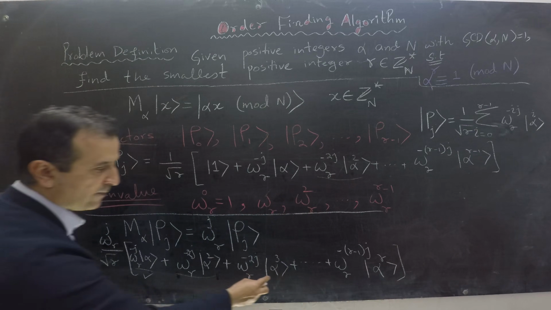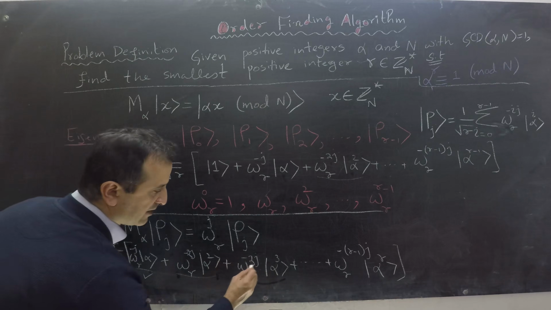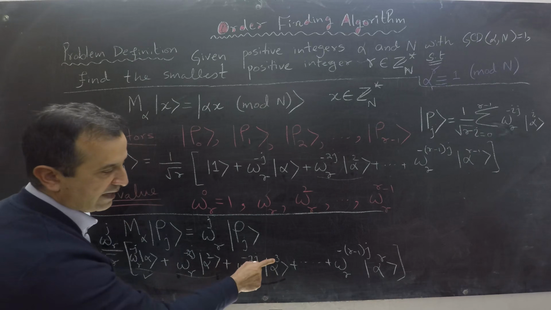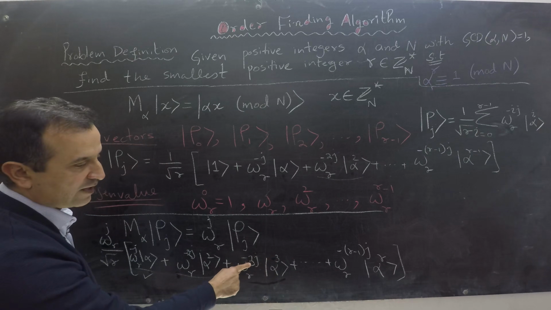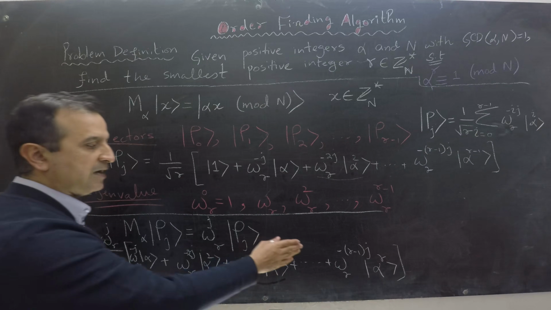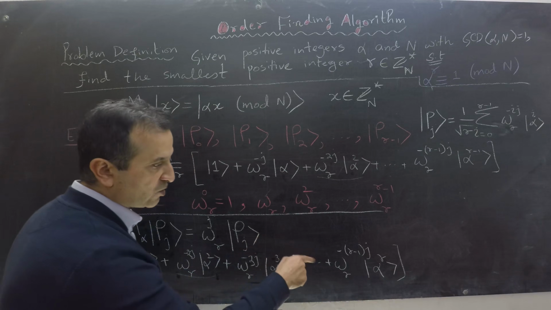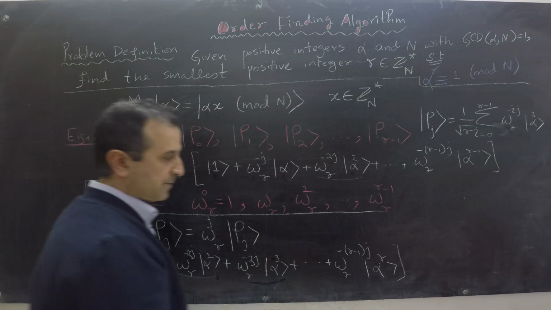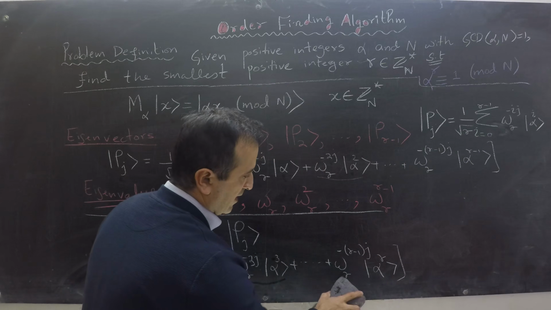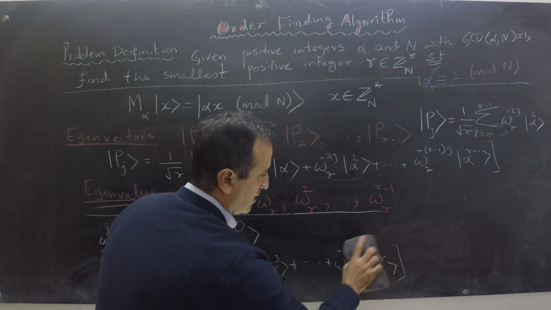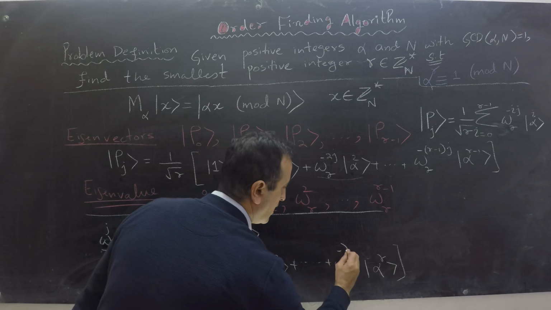And this multiplied by omega r raised to power minus j will become 3j, and this is also correct because here I have i equal to 3 and here my i is equal to 3. Now what will happen with the last entry? When it multiplies by omega r raised to power minus j, it will become omega r raised to power minus rj.